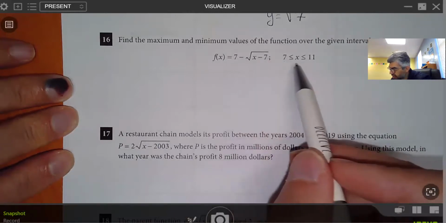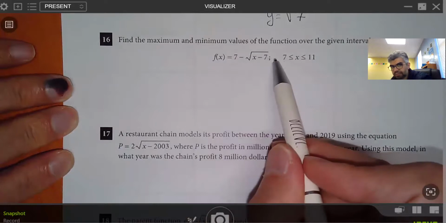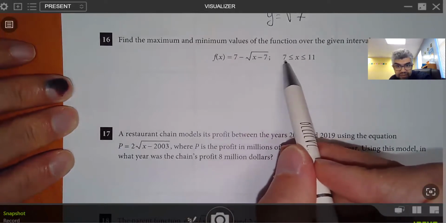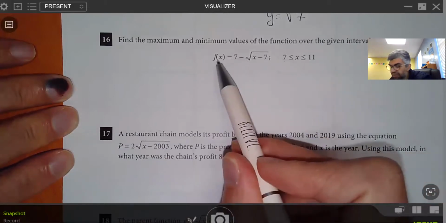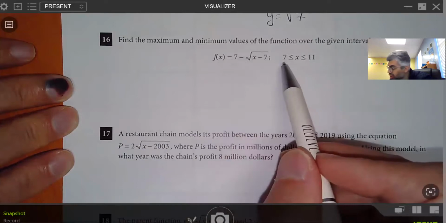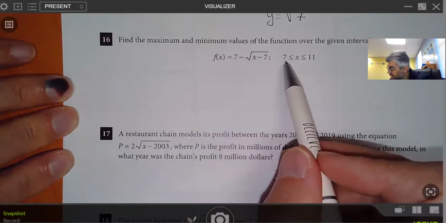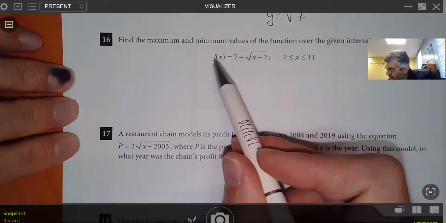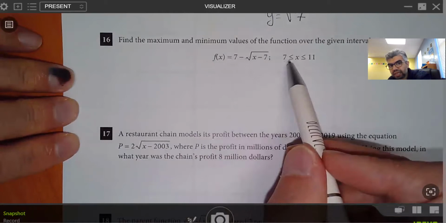We can understand that if it's an increasing function, it will have its minimum value at 7. If it's a decreasing function, then this function will have its maximum value at 7.